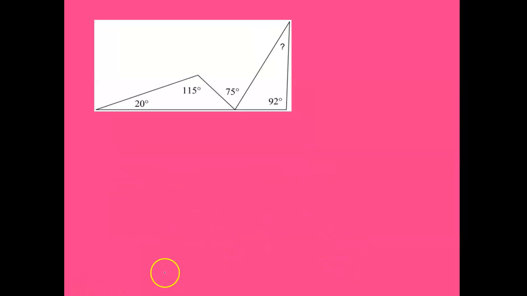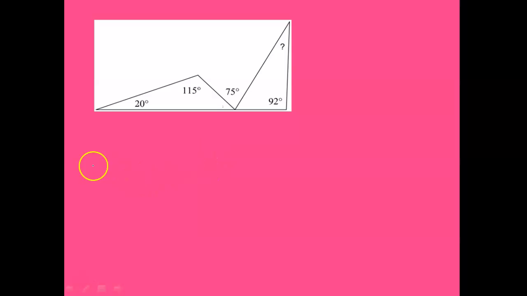All right, on the next slide, it is a little more complex, but the same rules apply. All the angles of a triangle add up to equal 180. So if you look, I don't have enough information to fill in these angle measures, but I do have enough to fill in this angle measure. Because here I know that 20 plus 115 plus this angle have to add up to equal 180 because here's a triangle.